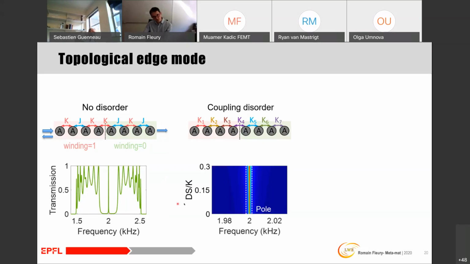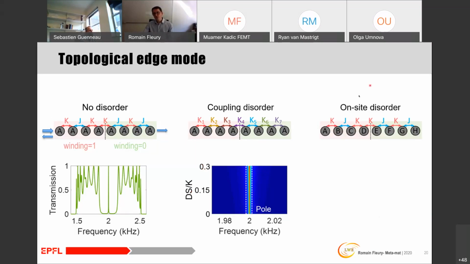I increase the disorder strength, and I average the spectrum of this peak over disorder realizations, something like 50 realizations. And what I see is that this peak survives, even for very high values of disorder. That's because chiral symmetry is preserved, and so I must have an edge mode in all cases, as long as I don't destroy my topology.